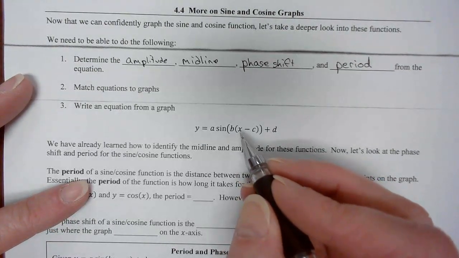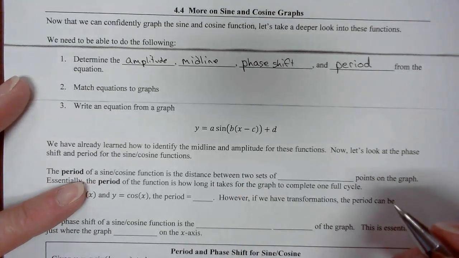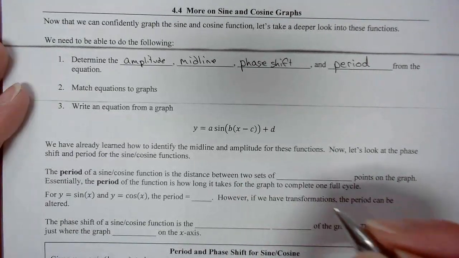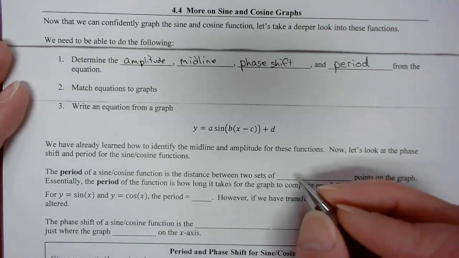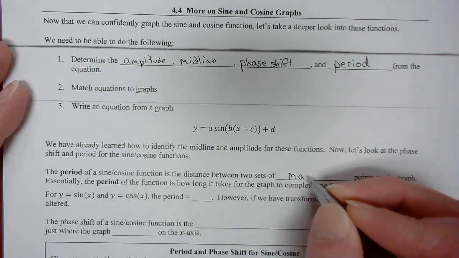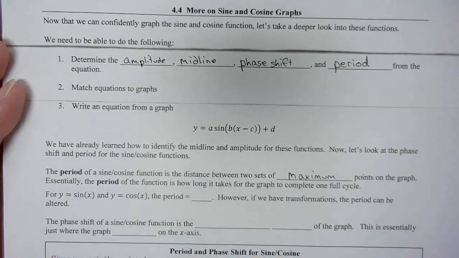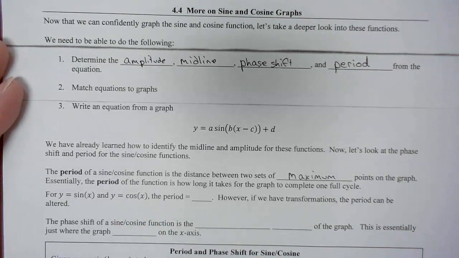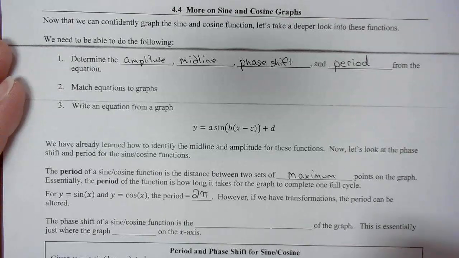So whatever number is in front of your x, so b times that, the period is the distance between the two sets of maximum points you could think about, points on the graph. Essentially, it's how long it takes for the graph to complete one full cycle. Now, on sine and cosine, the period was 2 pi. However, if we have transformations, it gets altered.